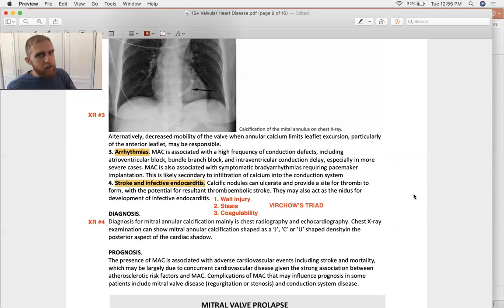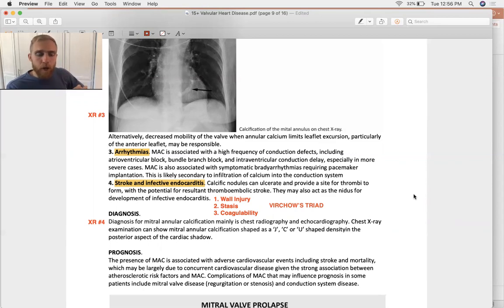And we know that stasis is one component of Virchow's triad. And that means three things that make clotting more likely. And they're wall injury, stasis, and coagulability. So if you have a slowing down of blood flow within a chamber, it's basically pooling and coming to settle. That can certainly encourage a clot.